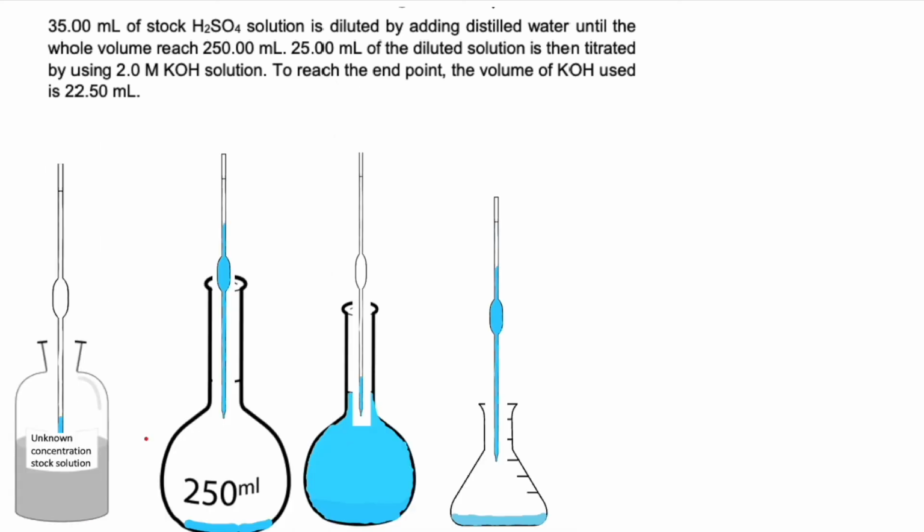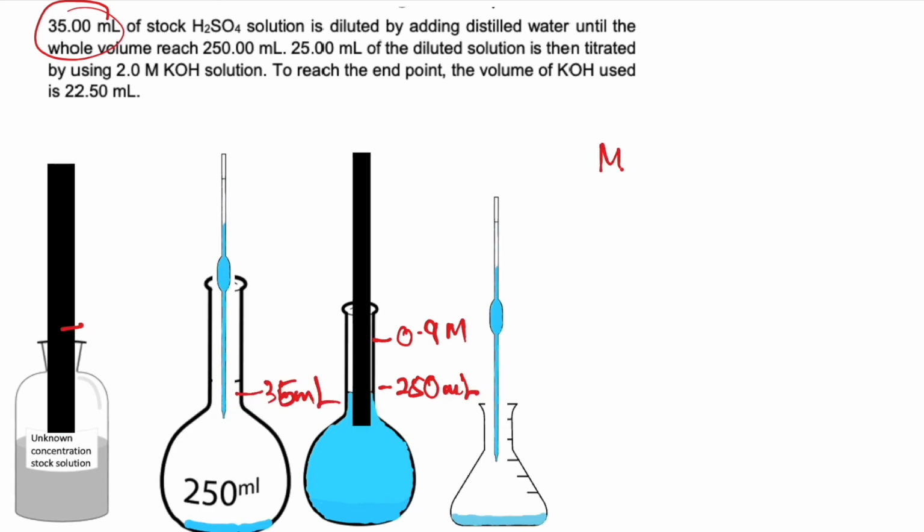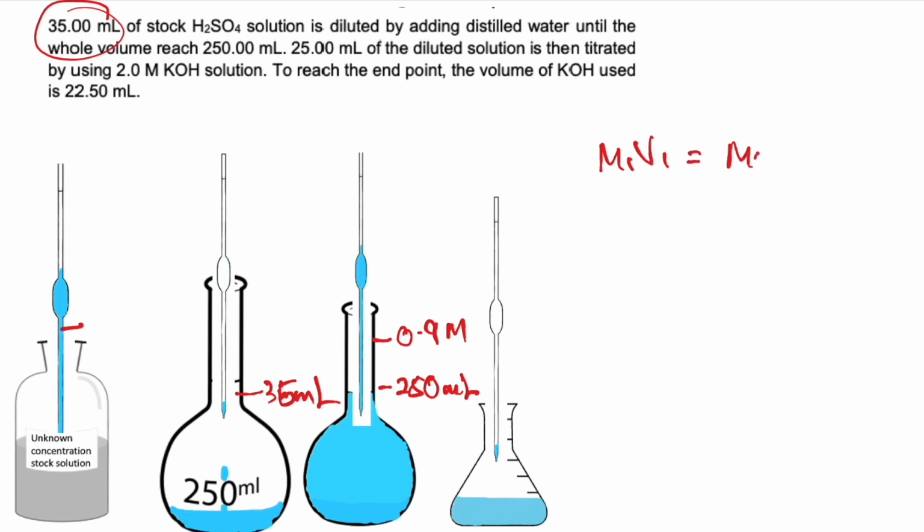And then how do you calculate your stock solution? So if this is 0.9 with a volume of 250 milliliter, how about this one? We know that the stock solution that was extracted just now is 35 milliliter. Therefore, we have to use M1 V1 equal to M2 V2.